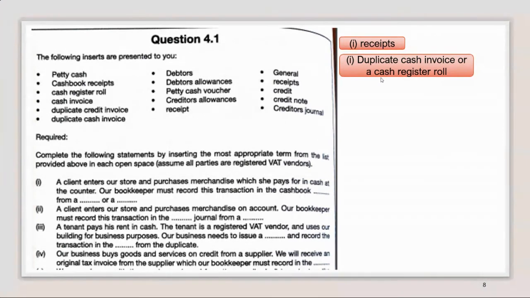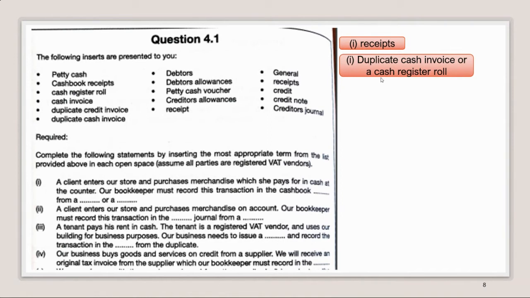Our bookkeeper must record this transaction in the what journal and what document would they use? If we've got credit purchases, what journal do you think we will use? Lino says creditors journal. Nicholas thinks creditors.